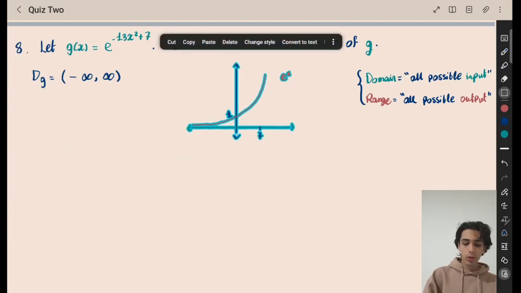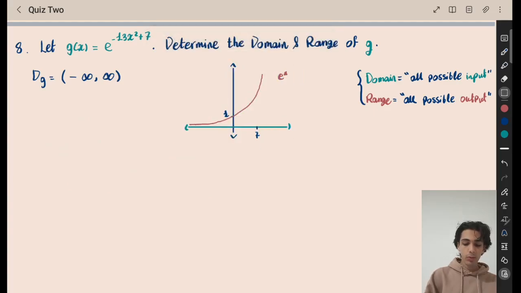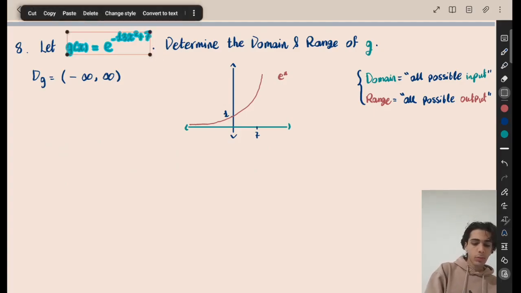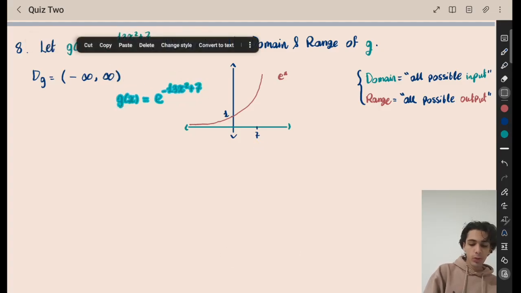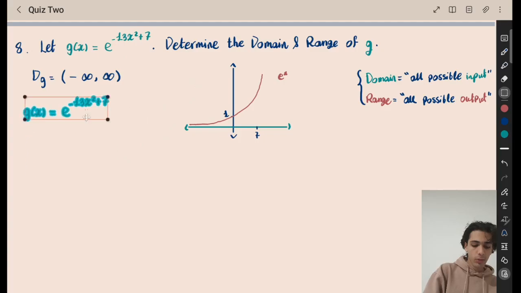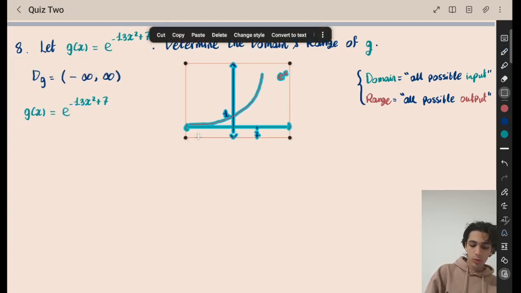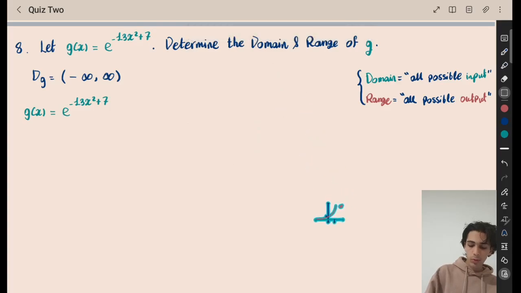We can continue to talk about the range of G. And this can be a little bit more tricky. First, we need to make a certain observation. And this observation is that we can rewrite G as follows.